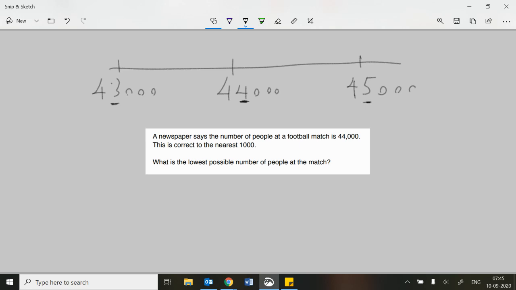So we've gone up and we've gone down in the thousands. Go halfway. This one, 43,500, is our lowest possible number. And later on, we start calling that a lower bound.